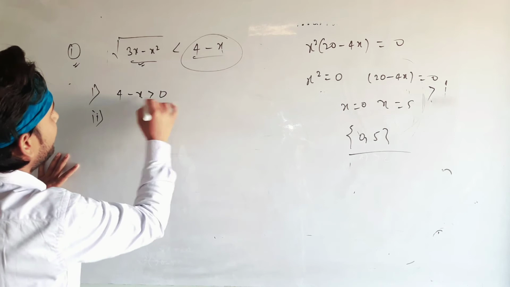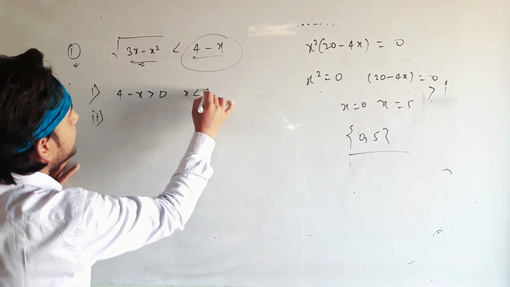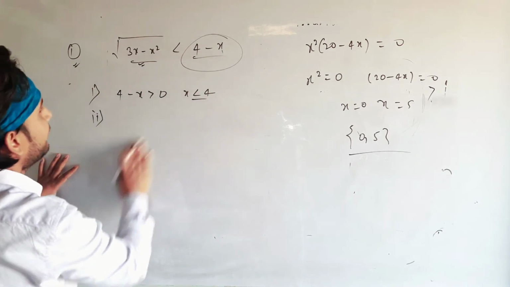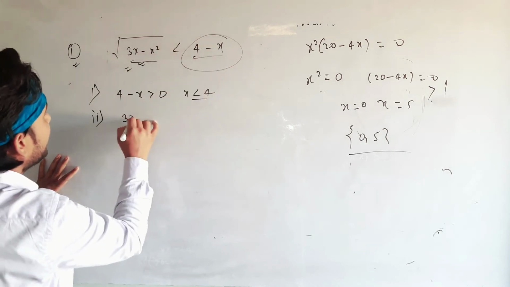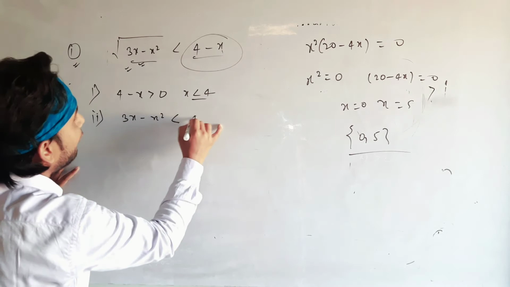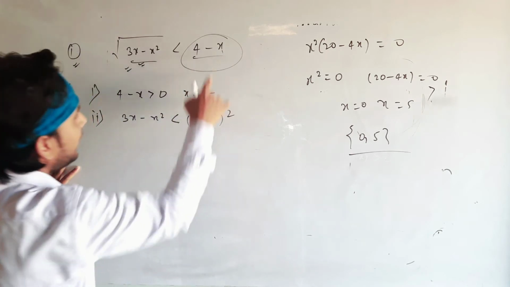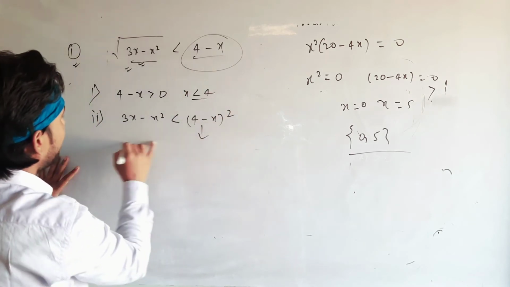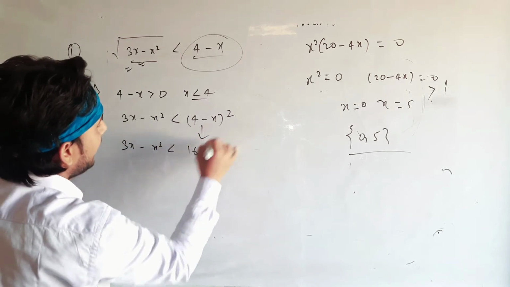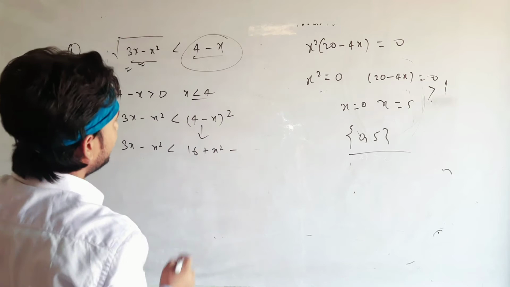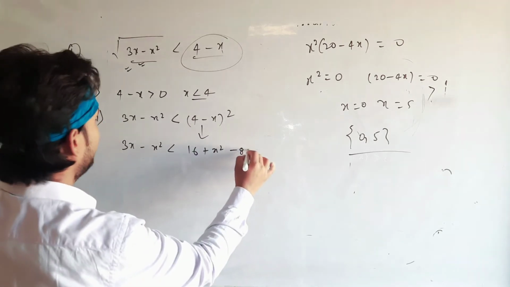Second, from here you will find x less than 4, and you have to square both sides. 3x minus x square is less than 4 minus x whole square. Okay, then you have to expand it. 3x minus x square less than 16 plus x square minus 8x.